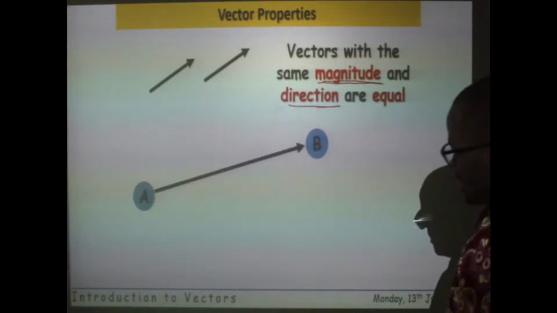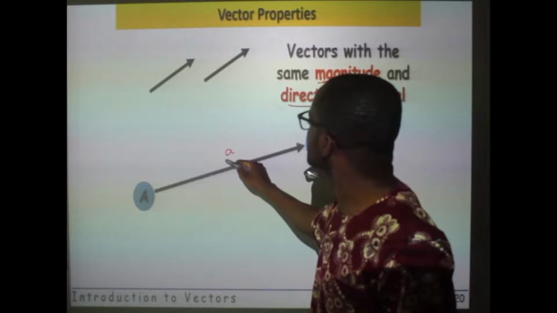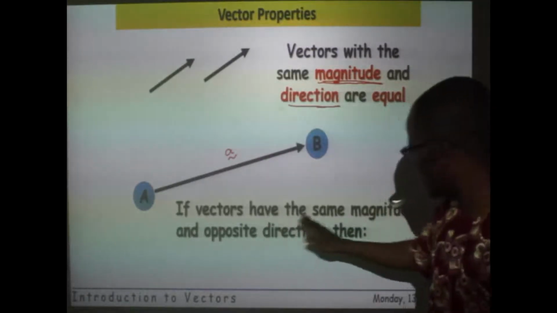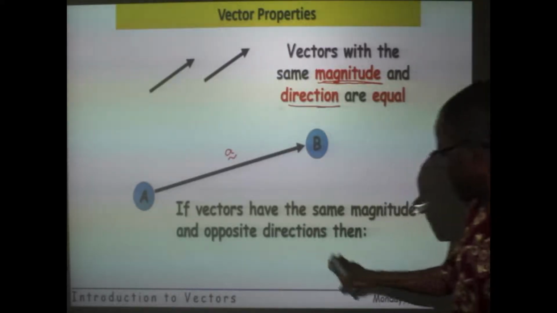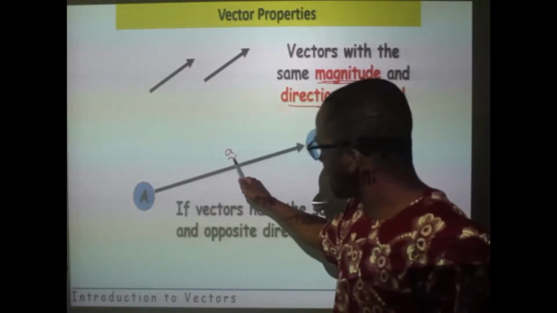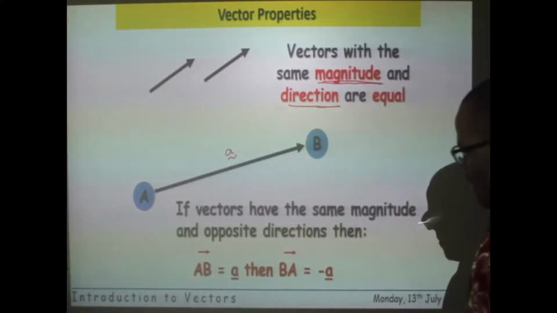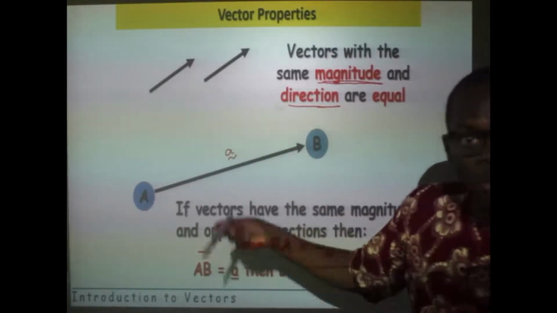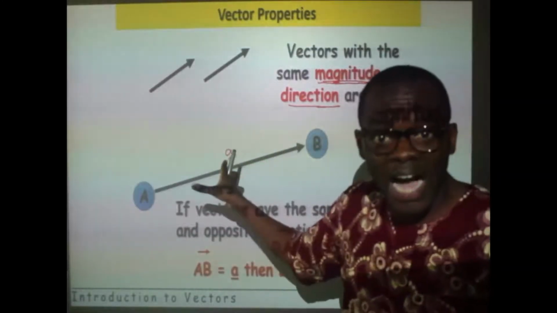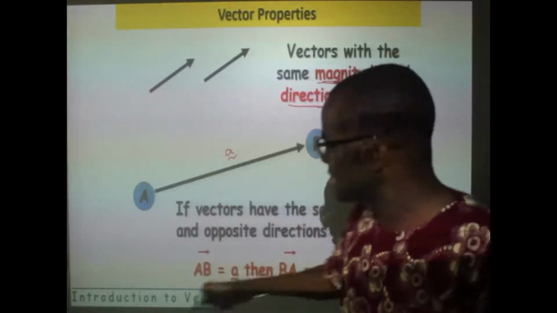For example, if you've got the vector A, which of course points from A to B as shown. If vectors have the same magnitude and opposite directions, then, if you have AB having the vector notation A, BA will be pointing in the opposite direction. It's still the same size, the same magnitude, but now it's pointing in the opposite direction.